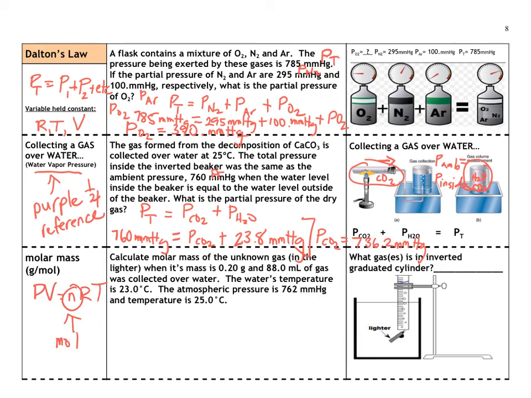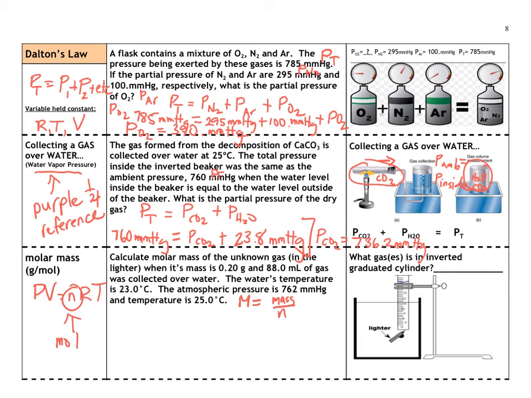As long as we have the moles of the gas and the mass of the gas, we can do molar mass. There's a lot going on in this problem, including Dalton's law. We're going to have to really integrate a lot of concepts, including what molar mass is. So let's review. Molar mass is mass over moles.